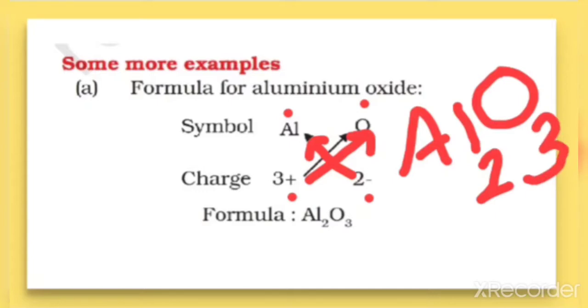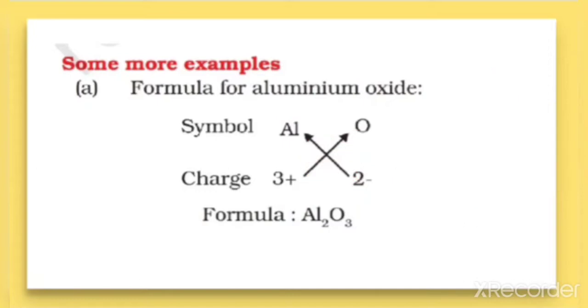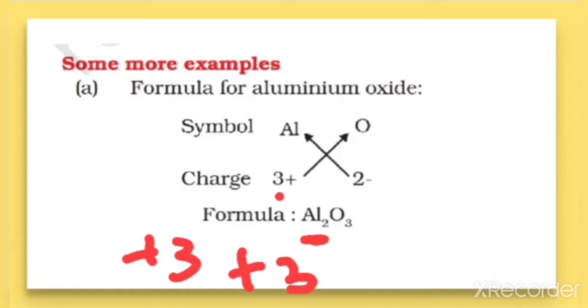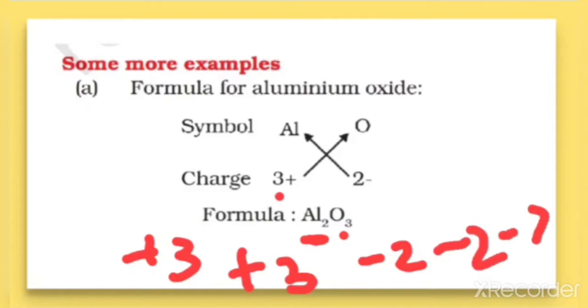Let us check the valency, whether it is balanced or not. What is the charge for 1 aluminium ion? The charge of 1 aluminium ion is +3. But how many aluminium ions are there? 2. So that means +3 and +3. Now what is the charge on oxygen? For 1 oxygen, the charge is -2. There are 3 oxygens, so I'm writing -2, -2, -2.